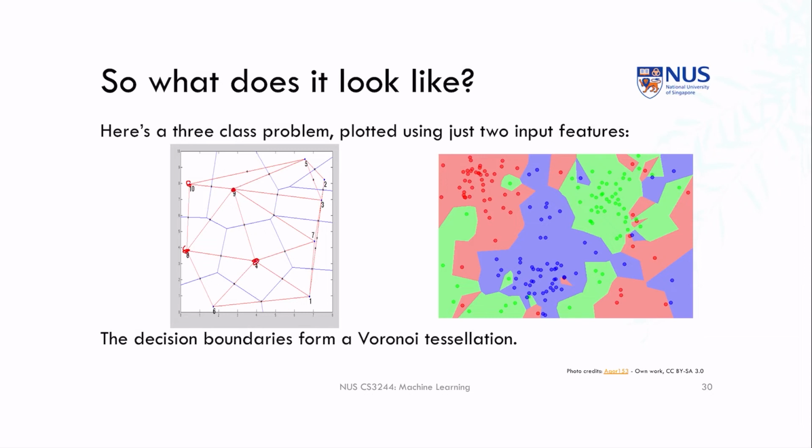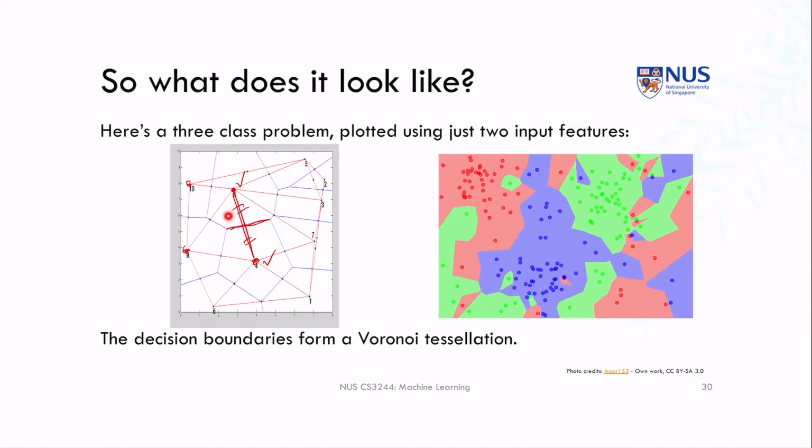So between any 2 points, let's say this point here and this point here, we're going to draw the straight line connecting them and taking the perpendicular bisector that's equidistant from both points. That is the boundary, right? So any point that's, let's say, over here is a little bit closer to this point, so it's going to be colored whatever that point is colored.